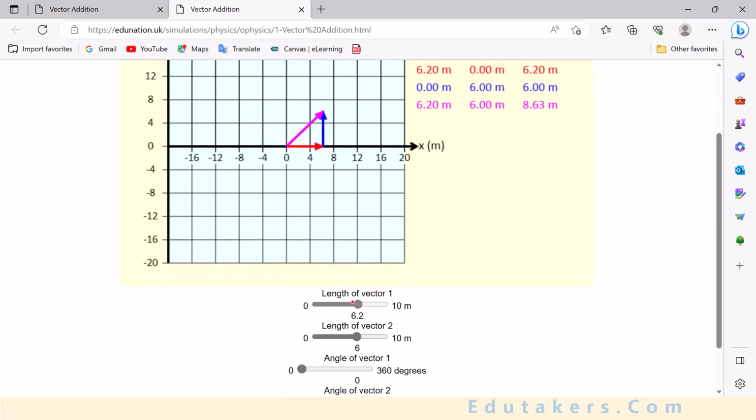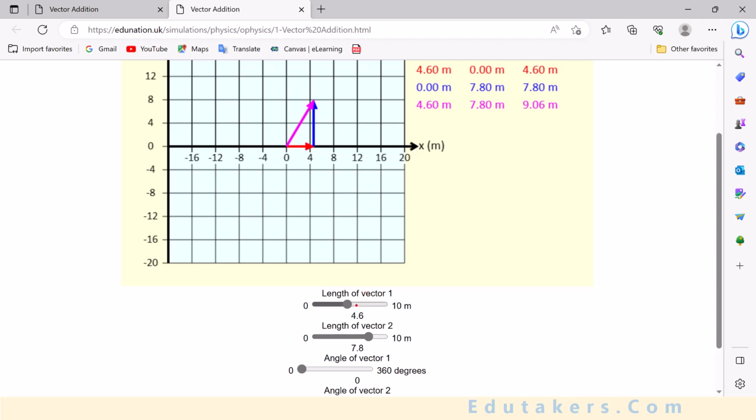So if I change the length of the first vector, which is shown by the red arrow, it's completely horizontal. So here its length is 4.60 meters. Then if I change the length of the second vector as well, the second vector is represented by the pink arrow, and the blue vector shows the resultant of both of these vectors.